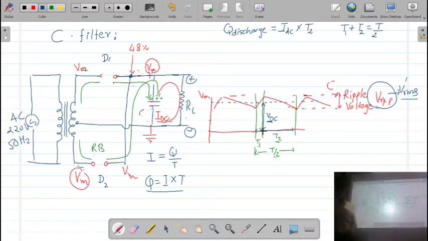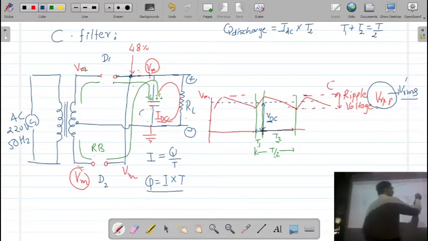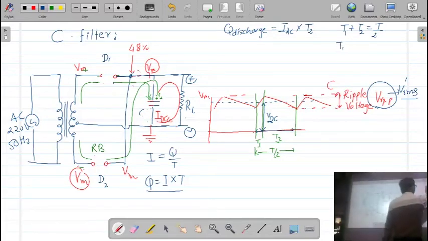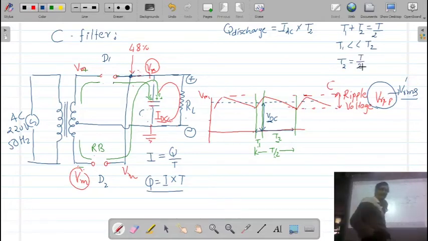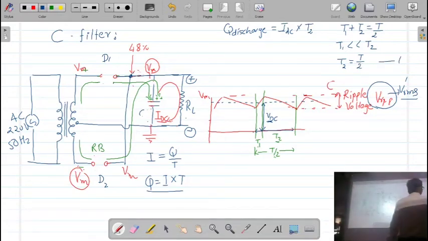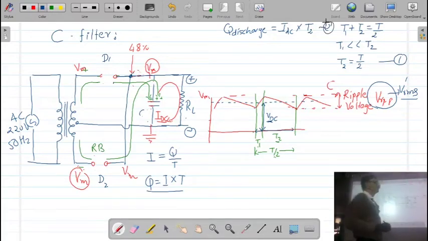So approximately, if you want to calculate the ripple factor, then we can neglect the time period T1. So T1 is much less than T2, then T2 is equal to T by 2. Okay? So you can say this is your equation number 1. Here we have equation number 2.